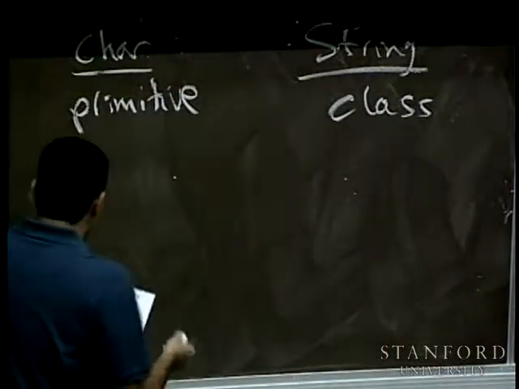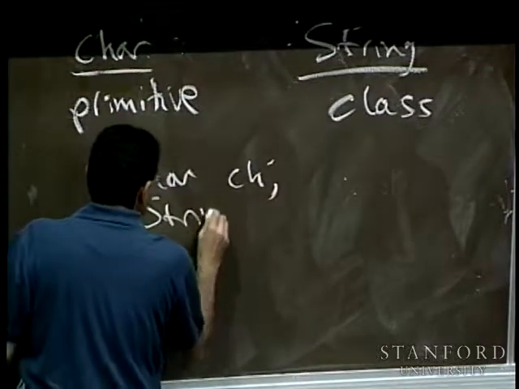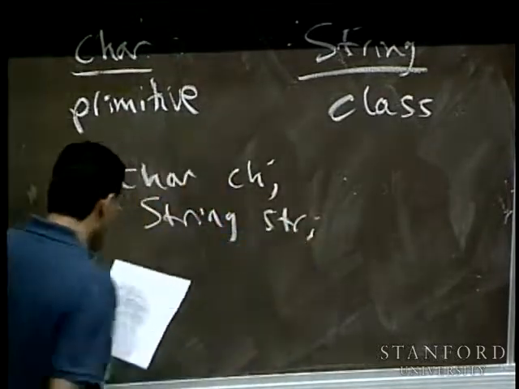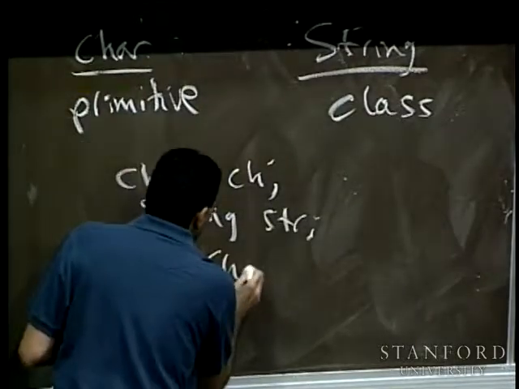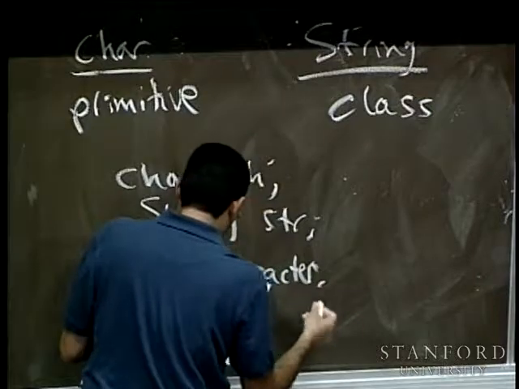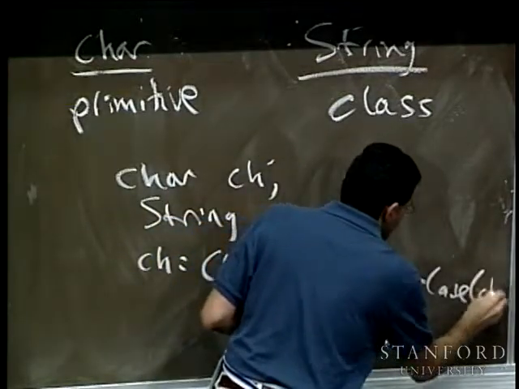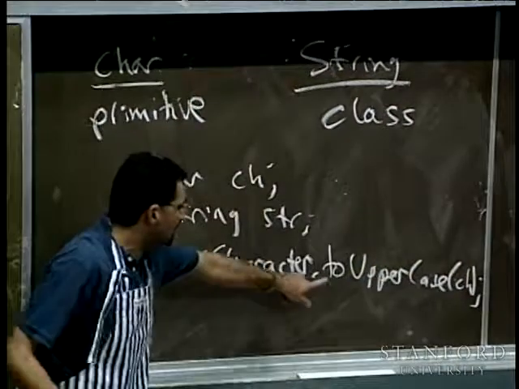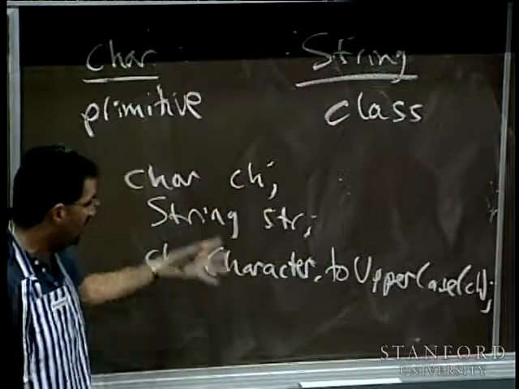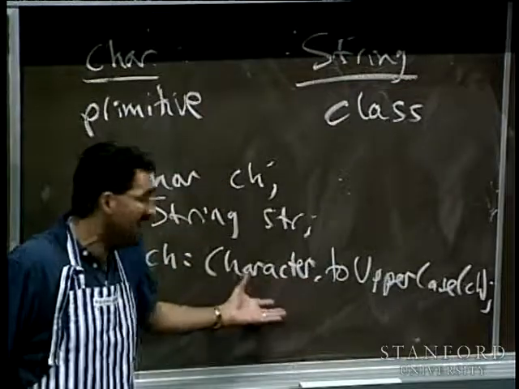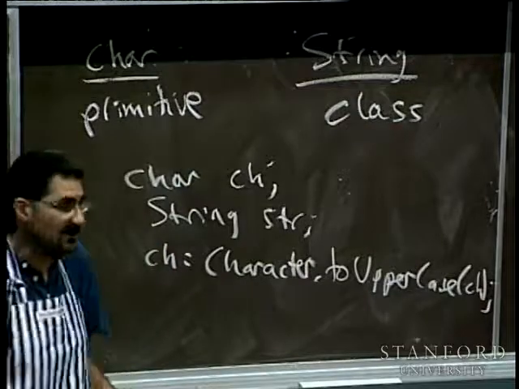Okay, so if I were to have char ch and I were to have string str, and I want to do something like converting to uppercase, for ch I have to call Character.toUpperCase, passing in ch. Okay? I don't actually pass this message to ch because ch is not a class. It's a primitive type. I need to call this funky class and say, hey, class Character, let me use your toUpperCase method to create this character.